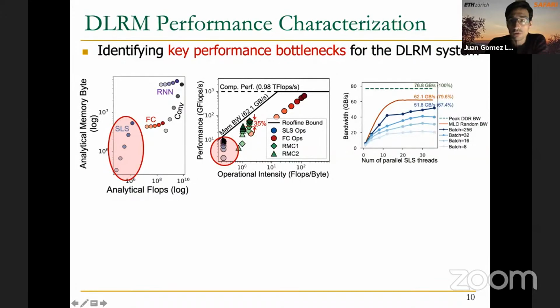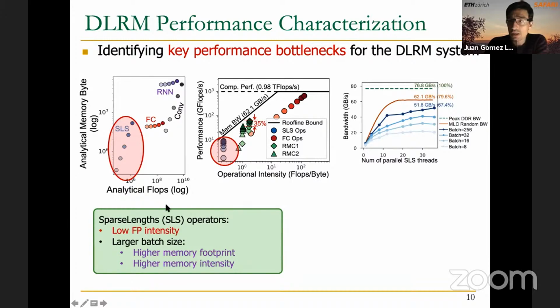So not very good exploitation, for example, of the cache hierarchy of the CPU. So interesting observations here are first that the floating point intensity is pretty low for these SLS operators, and second, that larger batch size implies larger memory footprint and also memory intensity, which is what we can see here on the leftmost plot.